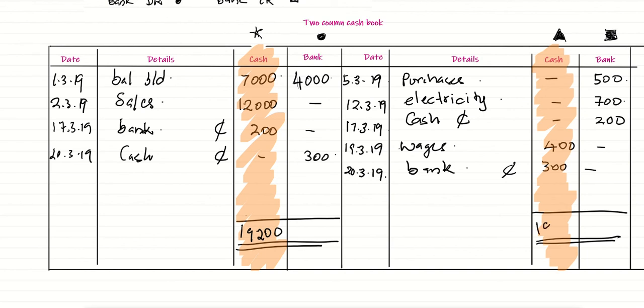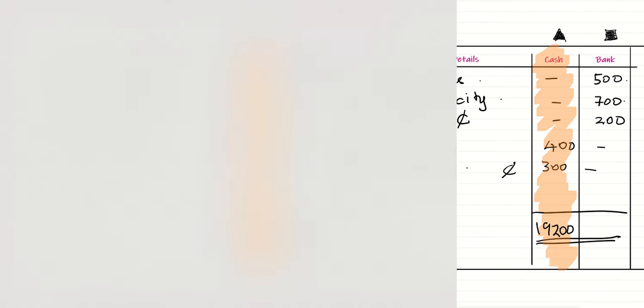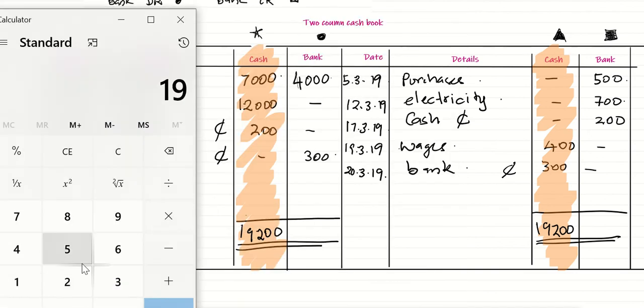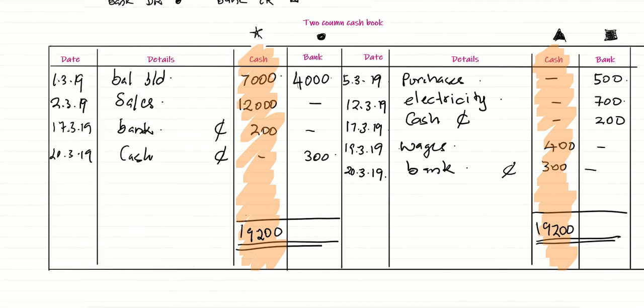And then bring 19,200 here. Now from 19,200, take away 400, take away 300, which gives 18,500. Balance carried down, 31st, 18,500, come to the opposite side, below the balancing 18,500, and you write here balance brought down.